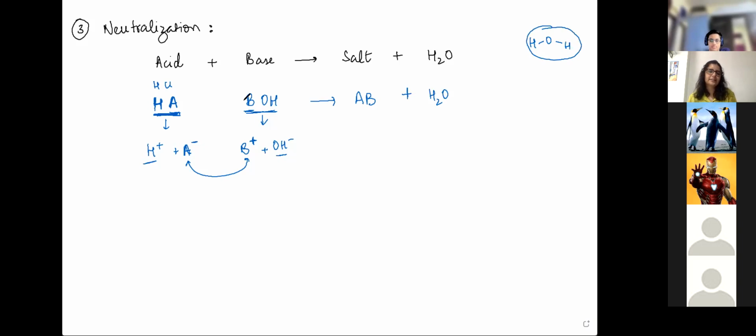So that is basically the mechanism of a neutralization reaction. That's how salts are formed from acids and bases. As always, note down neutralization, note down this part and this part, showing the mechanism. If you want, you can draw boxes or arrows to make the understanding easier, like you take down notes for yourself.